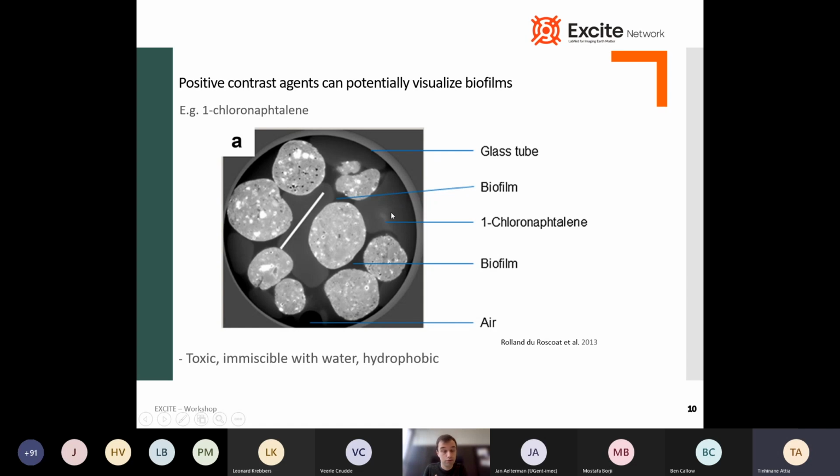So you can distinguish it now from the water. But also here there are problems with this specific one: it's very toxic, and it's also hydrophobic. So if you're interested in how biofilms affect water transport, you cannot really study it with this, because it's hydrophobic.